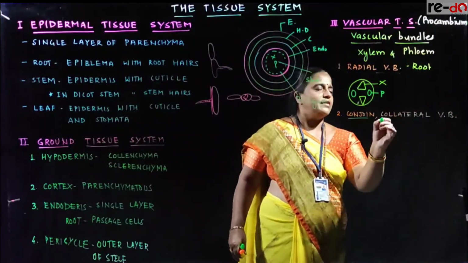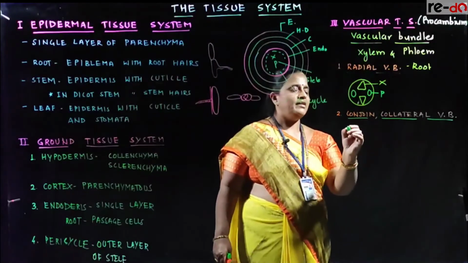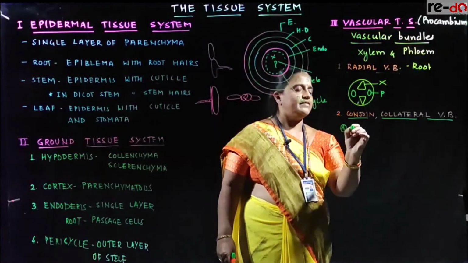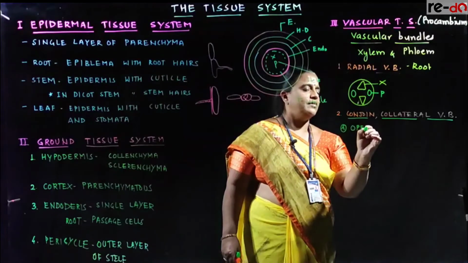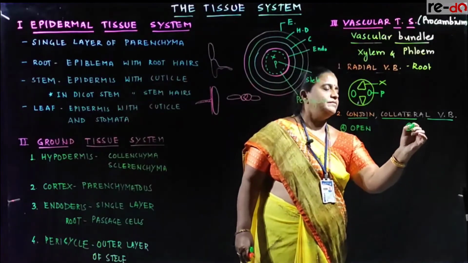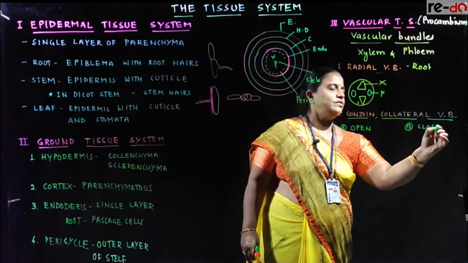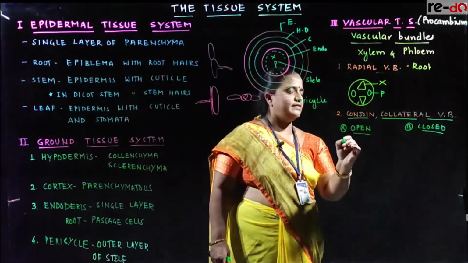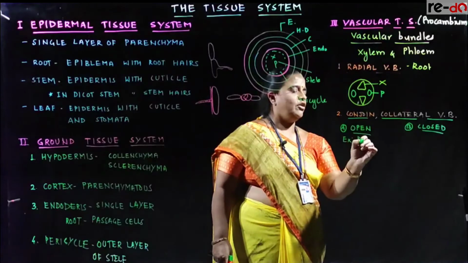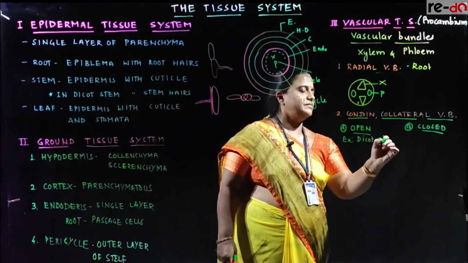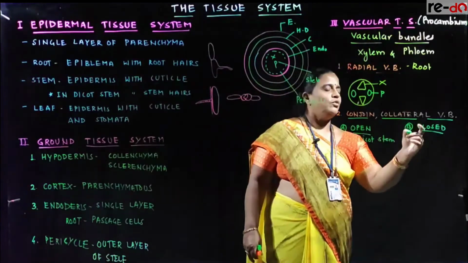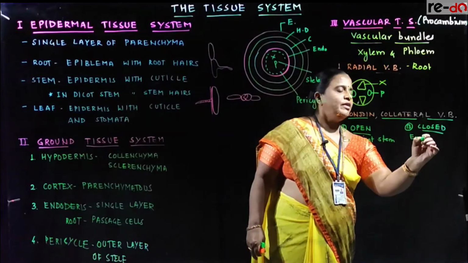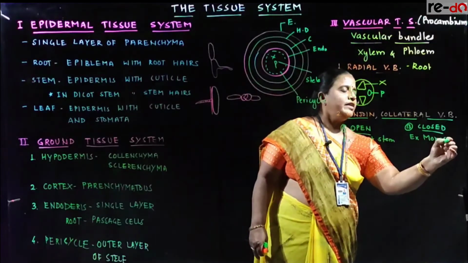In this conjoint collateral vascular bundle, there are again two categories: open and closed. Conjoint collateral open bundles are found in dicot stem, while conjoint collateral closed bundles are found in monocot stem.